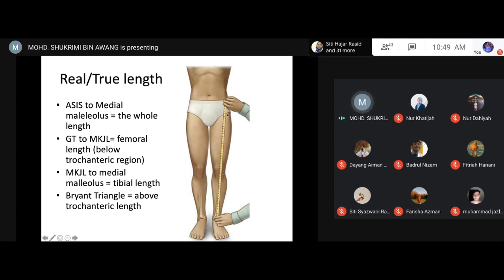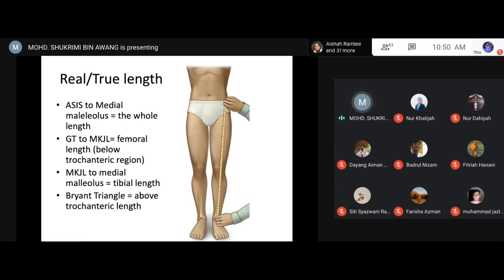Because it is one straight line here. But this is not a standard way of measurement, because if you measure from the ASIS to the lateral malleolus to the lateral knee joint line, you are basically taking landmarks from two different bones. The lateral joint line is your tibia, but the lateral malleolus is your fibula, right?